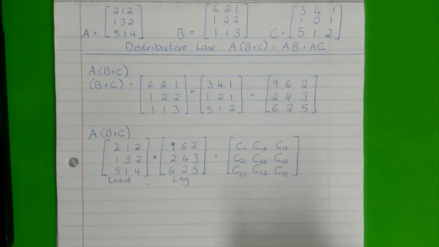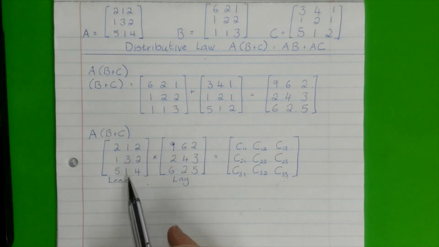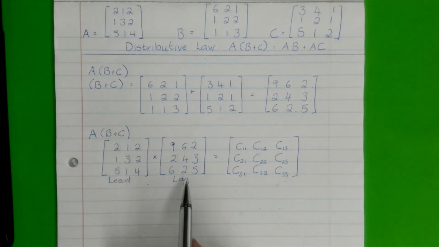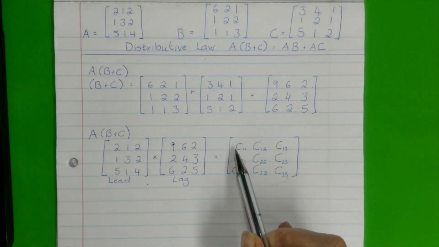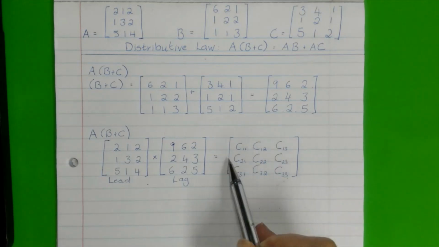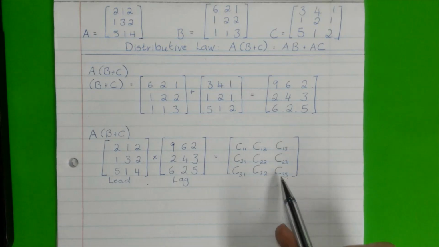Because we know the dimensions of our lead and lag matrices, we know the product matrix will have 3 rows and 3 columns.